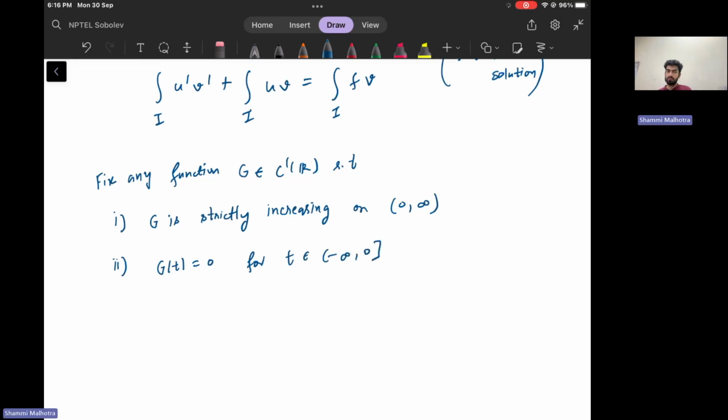One can construct this type of function by smoothing out the function of 0 and t.